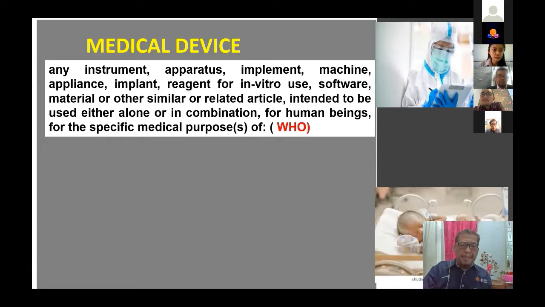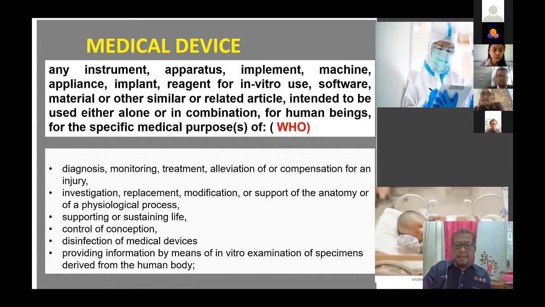The medical purposes of these devices are to diagnose, to investigate, to support or sustain life, to control, to disinfect, and also to provide information to the patient and to the doctors.